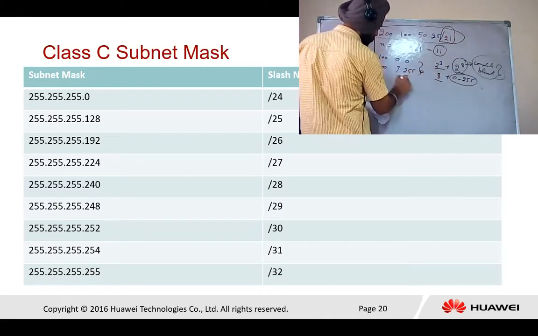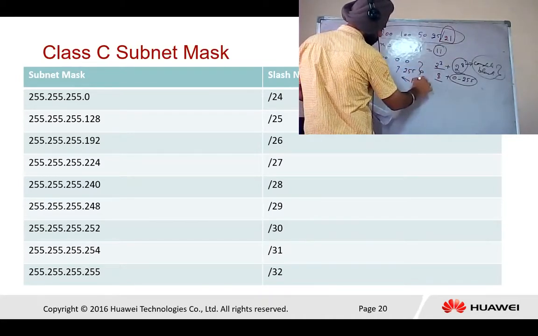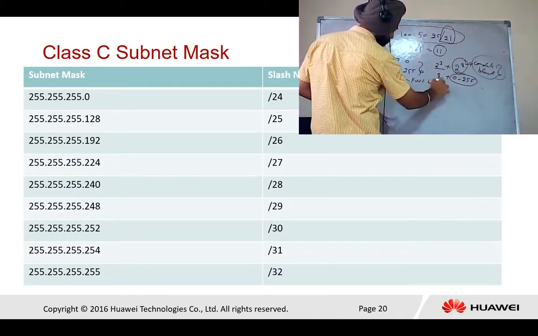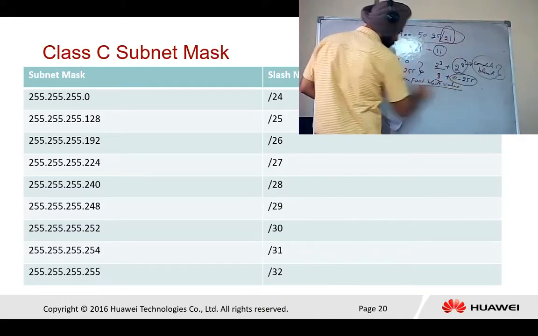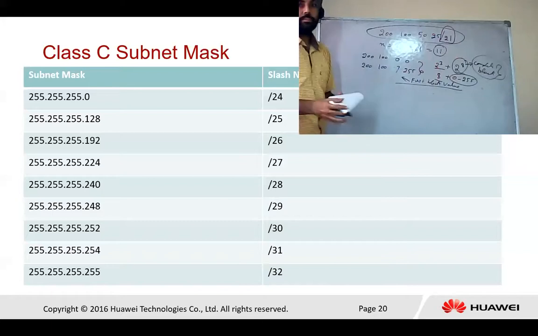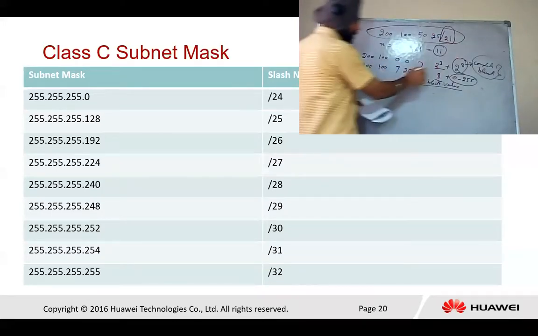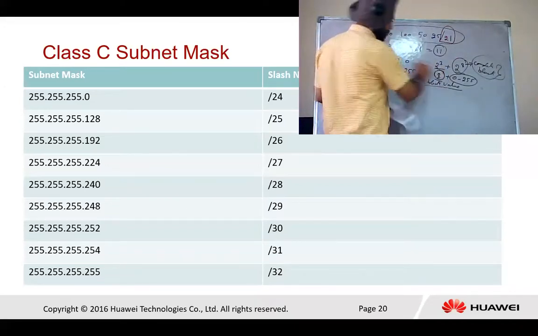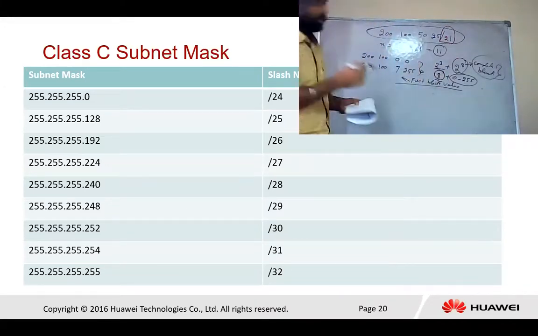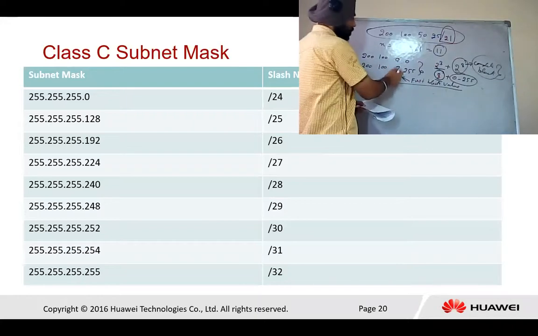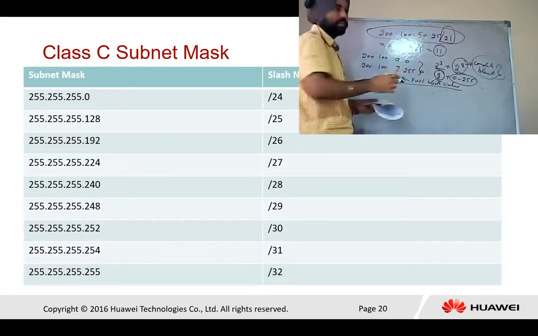So this is our first block value. Why 7 here? Because in this case the maximum value is 8, so the range is from 0 to 7, that is 8.